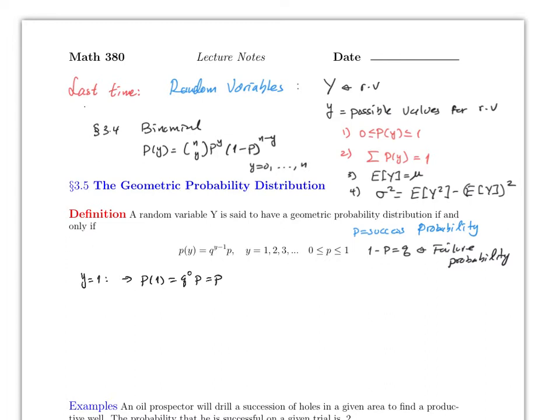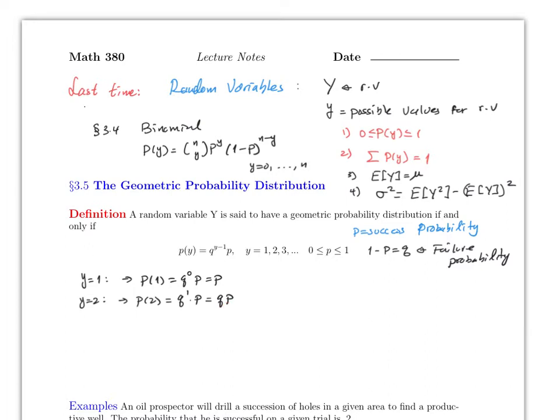That means you were successful in the first attempt. If y equals 2, then p of 2 will be q to the 1 times p, which is just q times p. And this means you failed the first time, but you were successful the second time, and so forth.